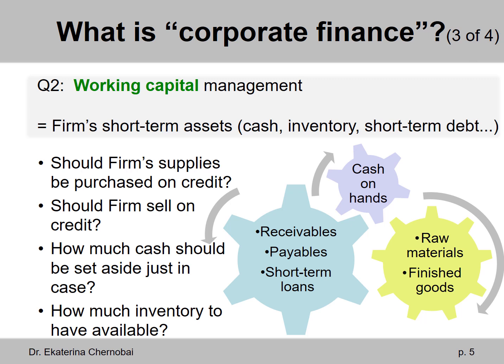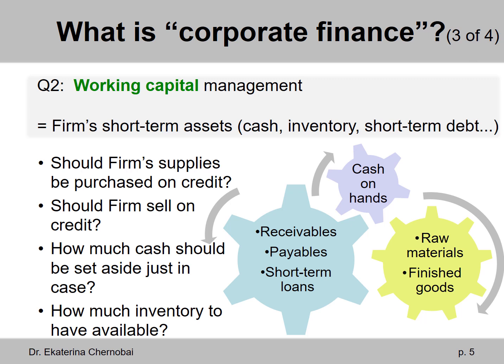So it's things that are cash or that can be quickly converted into cash, or things that would be, rather than received, things that would be spent relatively soon, such as current liabilities. So it's all those things that we call accounts payables, accounts receivables, short-term loans, cash, inventory. All those things have to be managed on the daily basis, and they reflect day-to-day activities that the firm has to engage in.